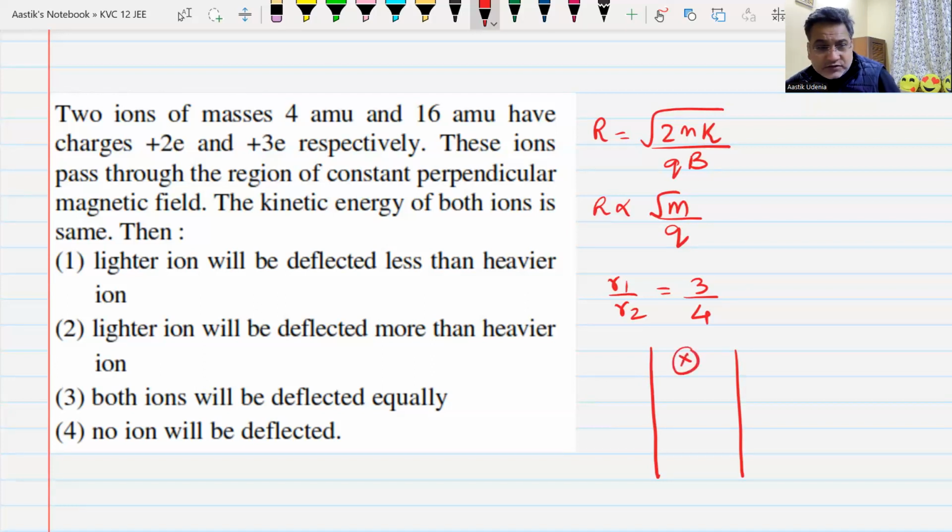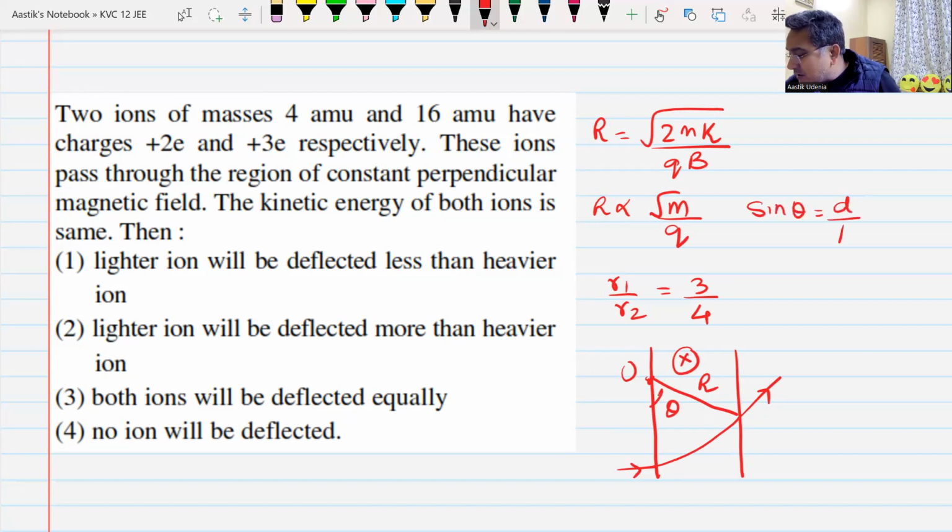So they pass through this region, something like this. They enter here and they get deflected like this. Now, this is the center O, this is the radius R. If you talk about the deflection, they get deflected by some angle theta. The sine of this angle theta is d by r.